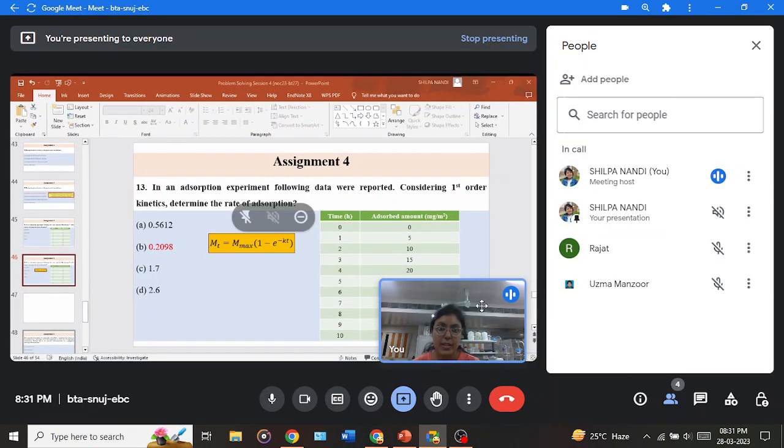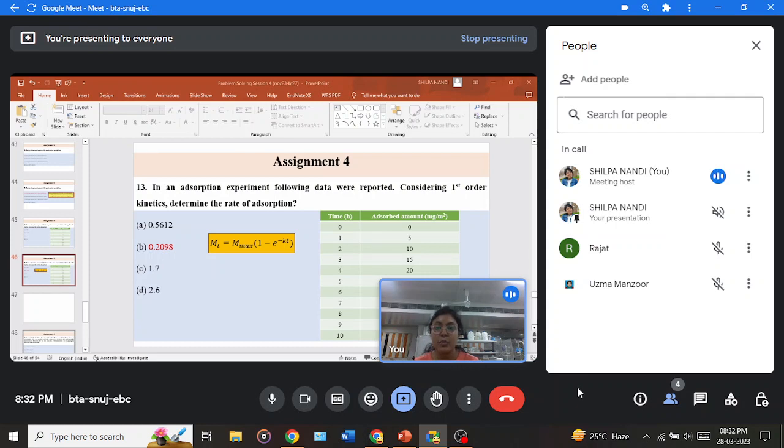So, this question is basically based on first order kinetics. Usually, we get an equation as Mt = M max (1 - e^(-kt)), wherein Mt is the adsorbed mass of the protein at a particular time t, and M max is the adsorbed amount of protein in mg per meter square at 10 hours.